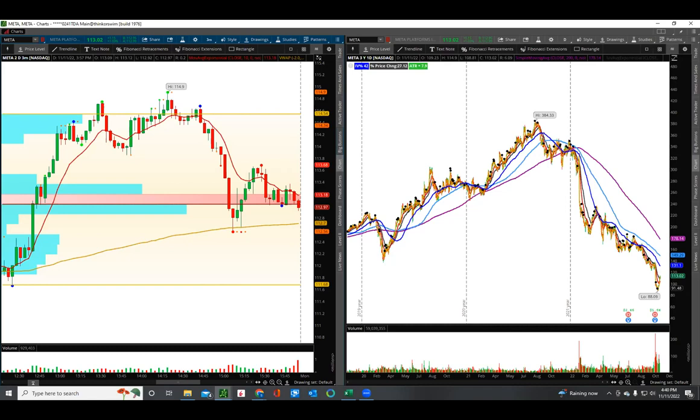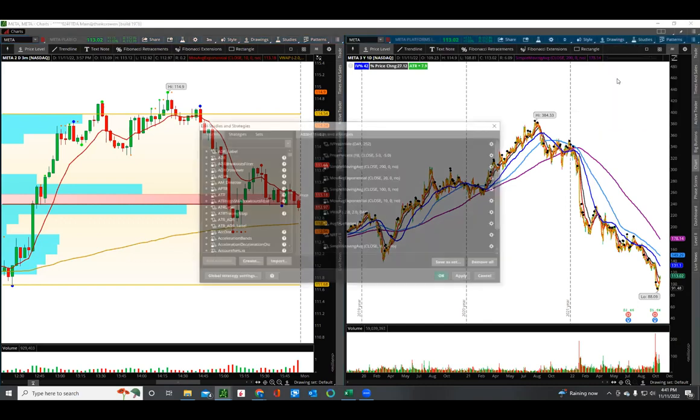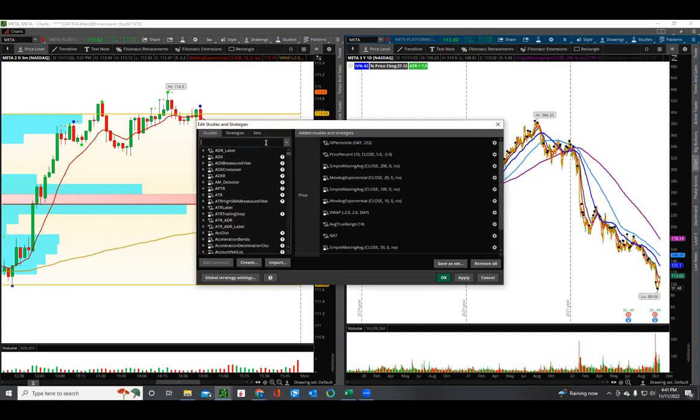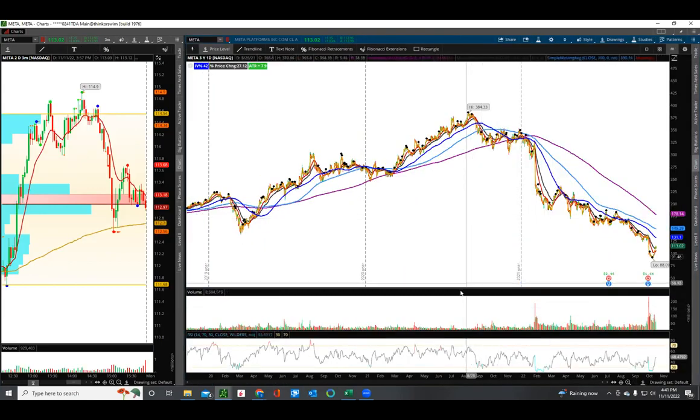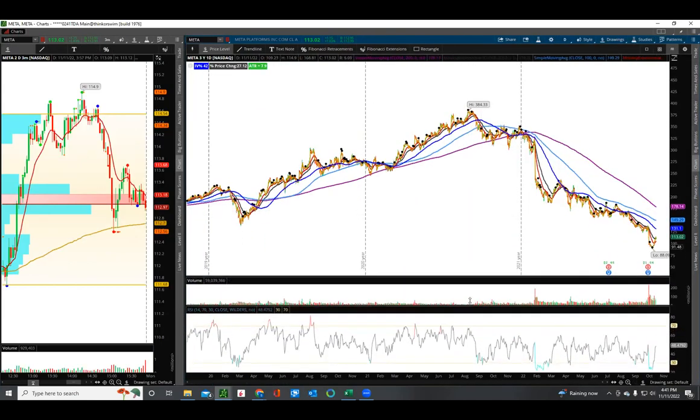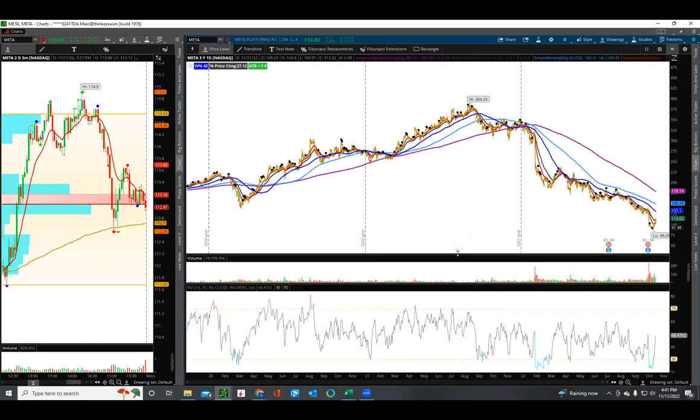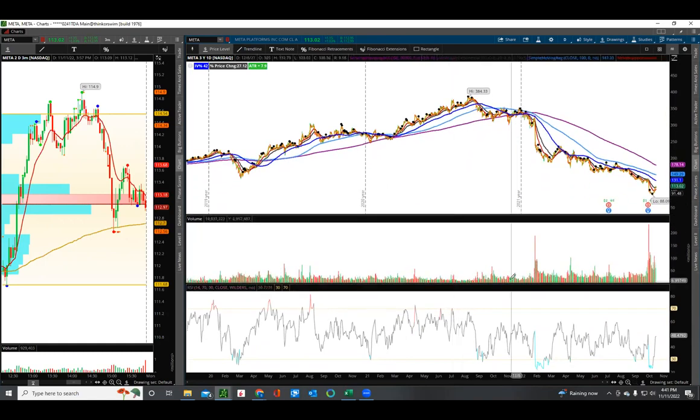So I already mentioned RSI, so let's go there. If I go into studies here and I say edit studies, I type right here RSI, and I add that. That plots the RSI down here. Let me move this over a little bit. We don't need that much. Make this a little bit bigger just so you can see it more clearly. Okay.